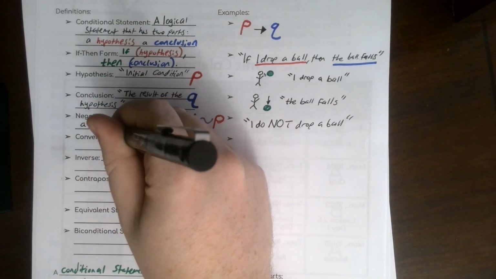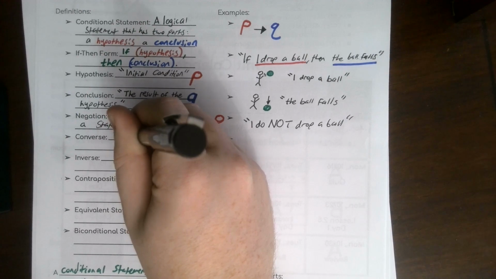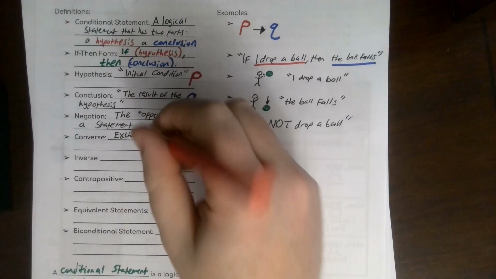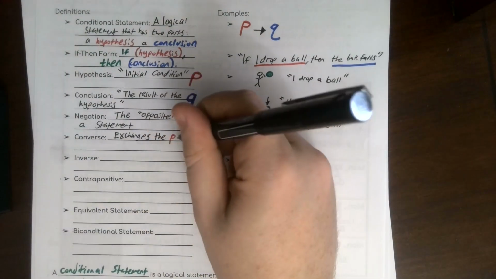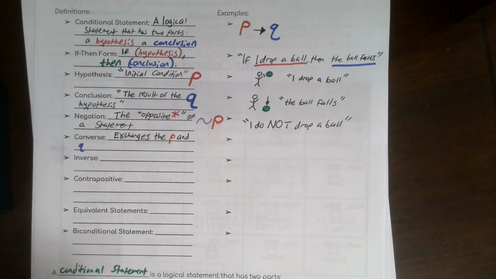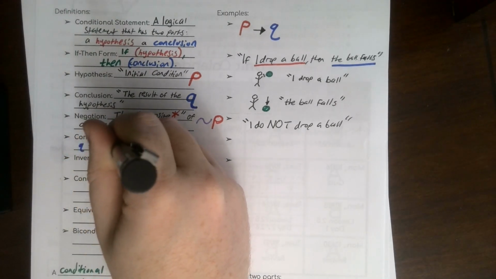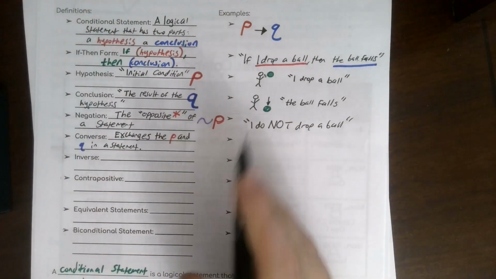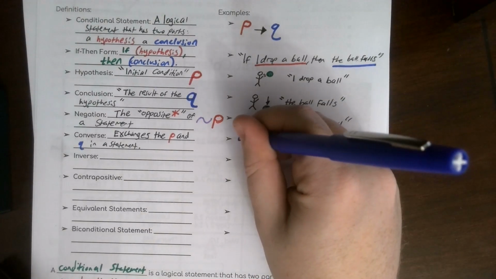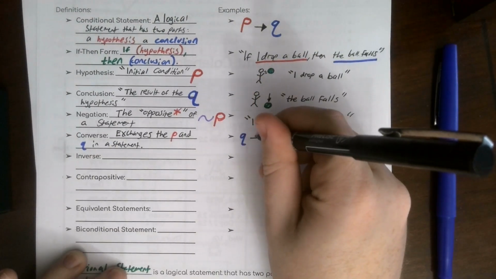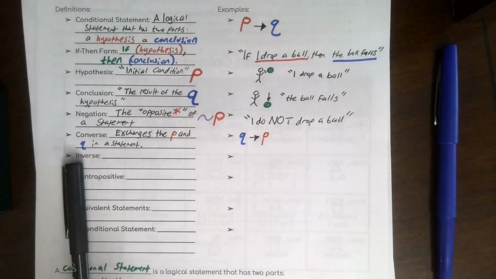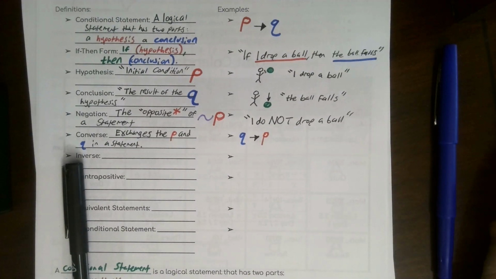This exchanges the P and Q in a statement. So instead of P implies Q, the converse would be Q implies, this arrow here, P. This is telling us that Q makes P happen.